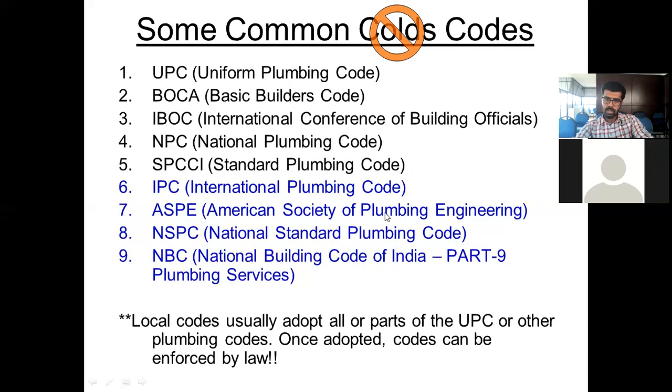ASPE, American Society of Plumbing Engineers. And NSPC, National Standard Plumbing Code. NBC, National Building Code, etc. So normally you will be using NBC only here. You can use another code also, depending upon what you are trying to design. Okay, so you can use IPC also.